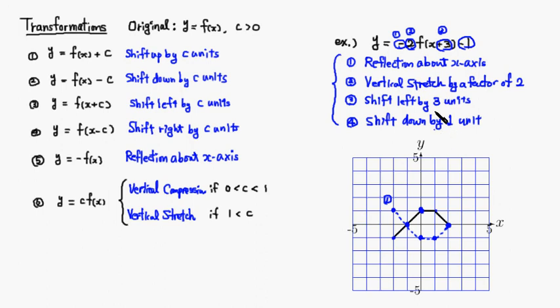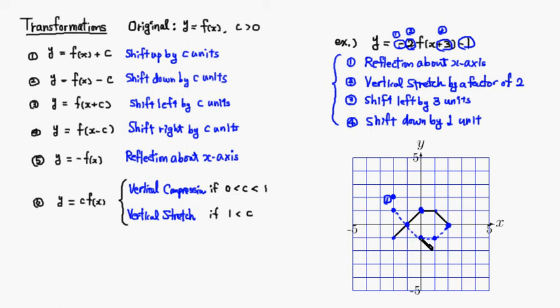All right, then apply the second transformation. It says the vertical stretch by a factor of 2. So the original y value gets doubled. So here, this is 1, and after it gets doubled, it's going to be 2. 0 doubled is still 0.